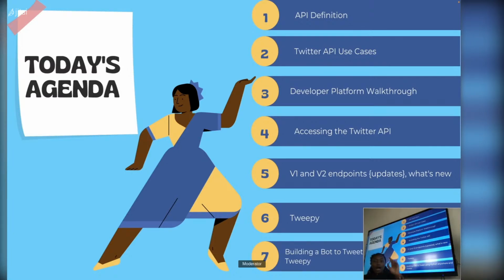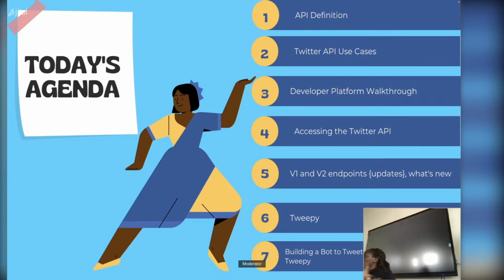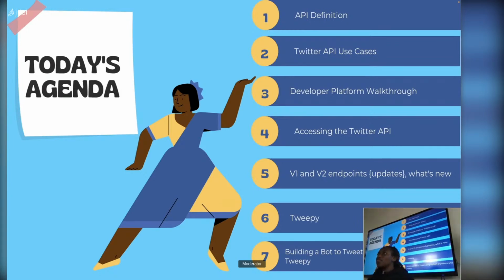So the outline is I'm going to define what an API is, move to what the Twitter API does, and then we'll also have a developer platform walkthrough. And then also, I know that most of you may have had issues with getting access, so I'll also give you insights on that. We'll go through a few updates that have been made, and then why we use Tweepy, and then you'll have 3 demos.